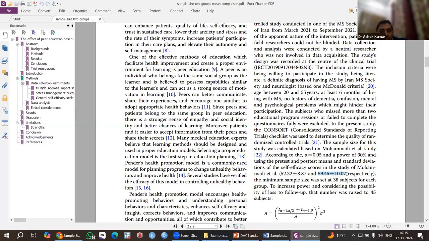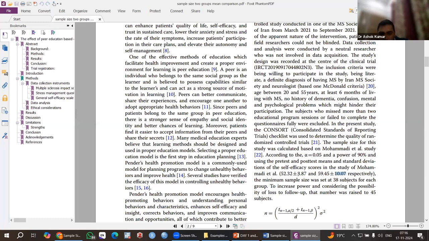If you are getting only one standard deviation, please always take the standard deviation which is more. So which is greater, you have to take. So the standard deviations are 8.87 and 10.07. So please take this greater standard deviation. Please don't take the small standard deviation. Take the large standard deviation. I recommend this, okay?